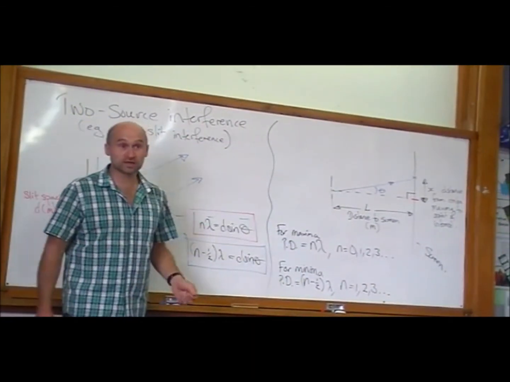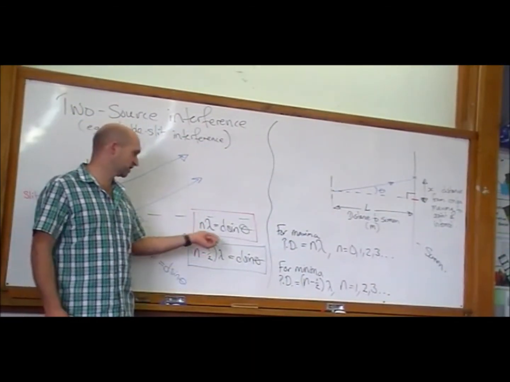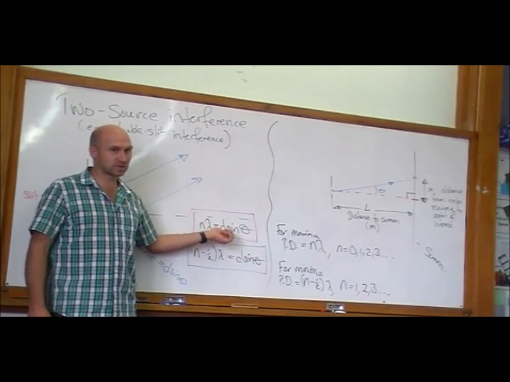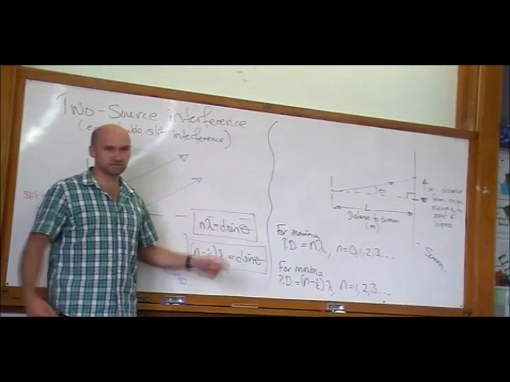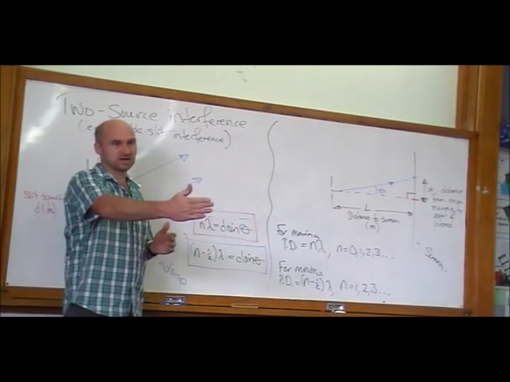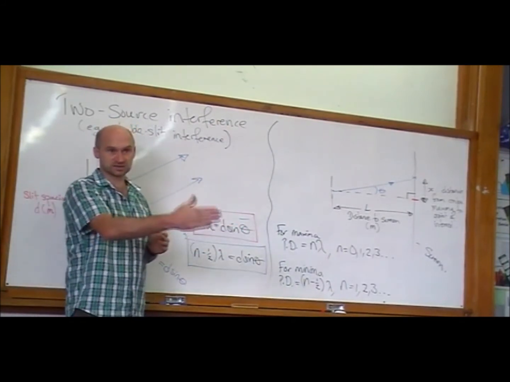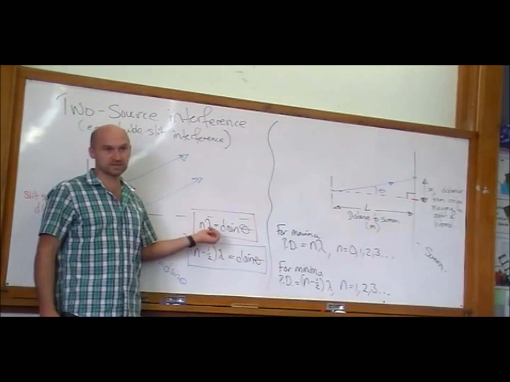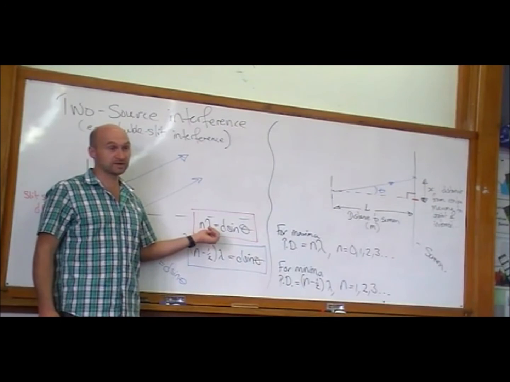Generally the way that you would use this in life is you'd have a couple of slits, which you know the distance between because you've made them, and you'd fire some light through it and measure how big the angle is to a maximum, and then you can use that to calculate the wavelength of the light.